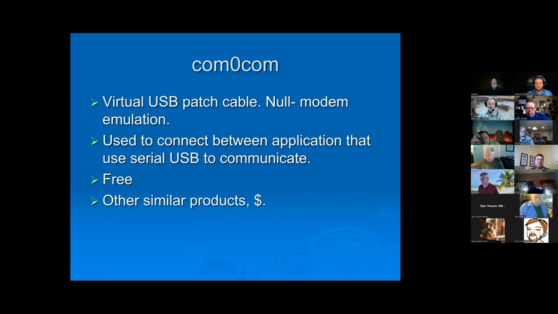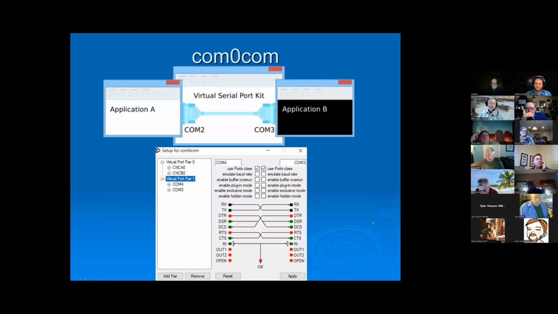Okay, so virtual USB patch cables, normally called null modems, are used to connect between applications that use serial USB communications. It's free. Other products cost you money, but the good old COM0COM is free. So here's a really nice picture at the very top. You have two applications running inside a PC, and you have to think in your head, when you connect the two serial ports together, it's really just a physical cable.